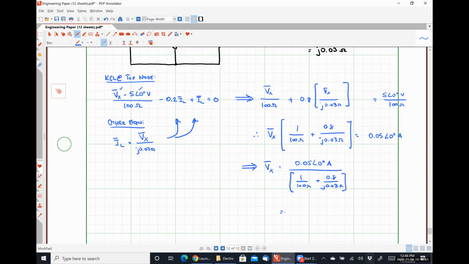Because if I am not mistaken, the TI calculators, at the least, cannot even do a simple numerical solve function, so one equation, one unknown with complex numbers in it. So I had to do algebra to get my unknown voltage Vx isolated. So I have 0.05 angle 0 divided by 1 over 100 plus 0.8 over 0.03j. Whatever floats your boat.